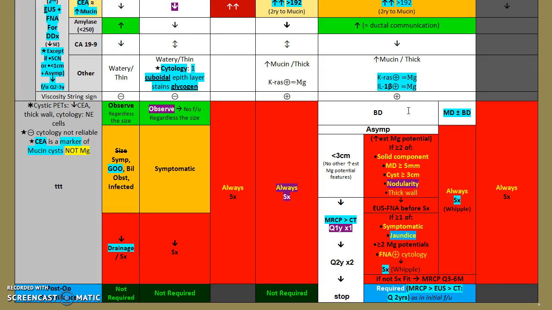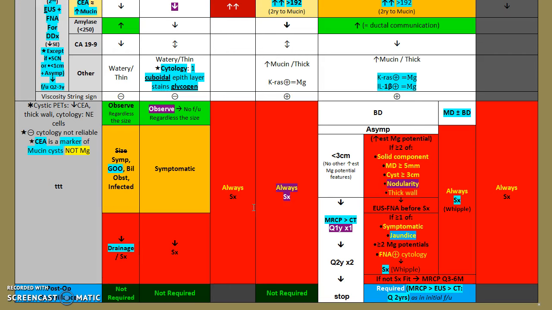The issue now, the headache, is with the branch duct type. We will discuss it in the next video. The pseudopapillary tumor, once you diagnose it, because we said it has a high malignant potential, you always send them for surgery.